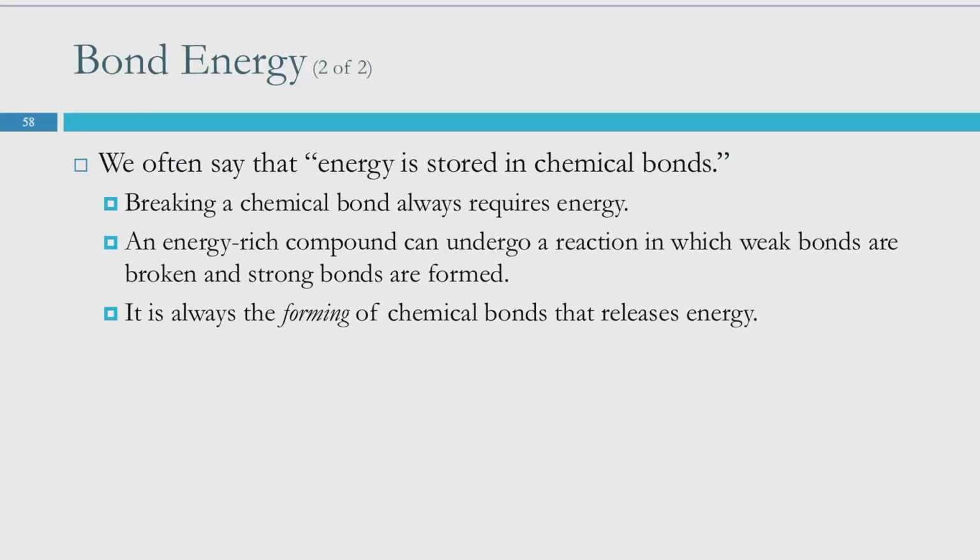You may occasionally hear the phrase that energy is stored in chemical bonds. Breaking a chemical bond always requires energy. An energy-rich compound can undergo a reaction in which weak bonds are broken. So there's a small amount of energy in.